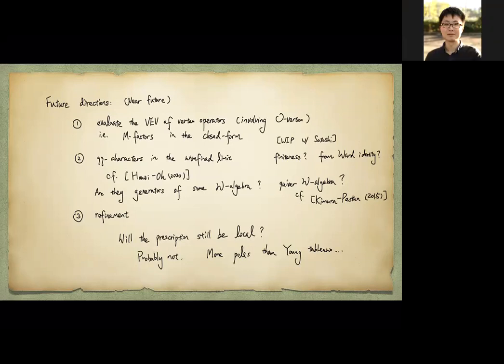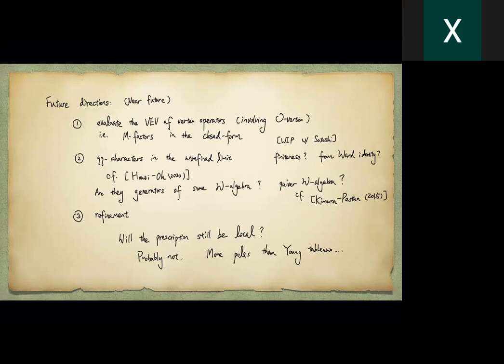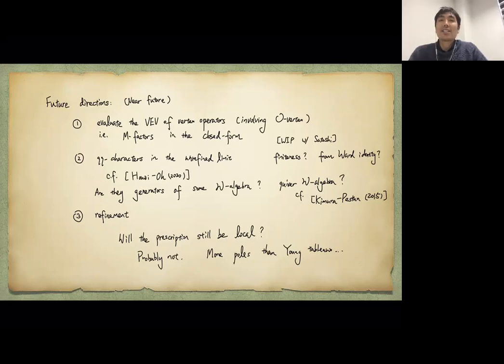Sorry, what's the problem for the refinement? For instance, if you try to apply the JK residue to this ADHM formula, there is some pole that will give you a residue proportional to, for instance, Q minus T. If you take the unrefined limit, this term becomes 0. But in the refined case, there is some non-trivial contribution.